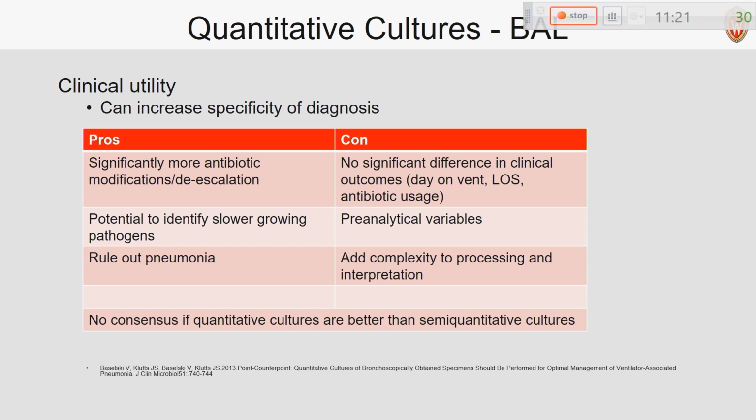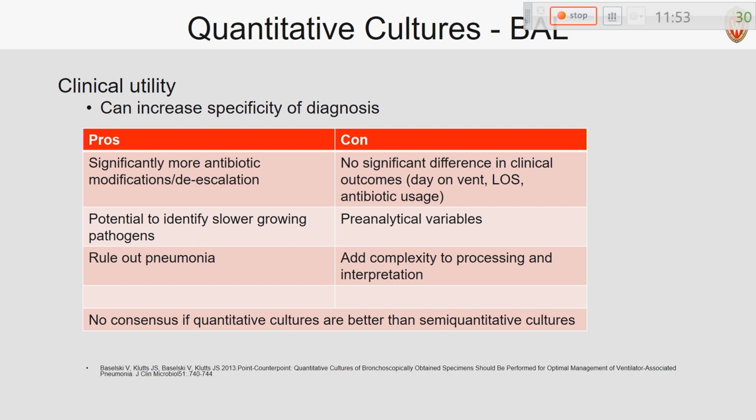The cons to it: some of the studies showed that there's really no significant difference in clinical outcomes. Again, this was based on ventilator-associated pneumonias, so things like the number of days on the vent, the length of stay in ICU, and antibiotic usage. When they compared semi-quantitative cultures to quantitative cultures, they didn't see a difference in those metrics. The other con is that there are pre-analytical variables, as there are in everything.